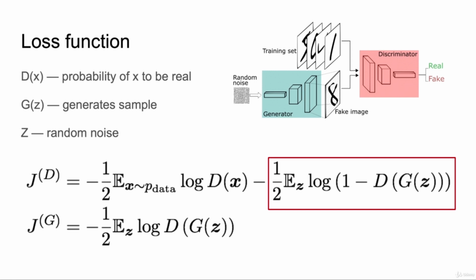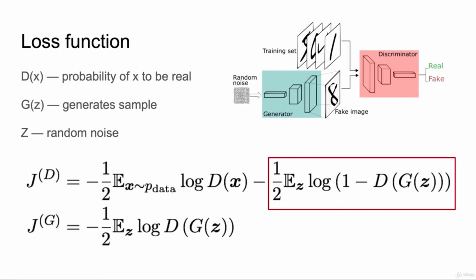The second term stands for fake objects. Now we want to minimize the probability that our synthetic object, which is G of z, is real. We would like to minimize this.